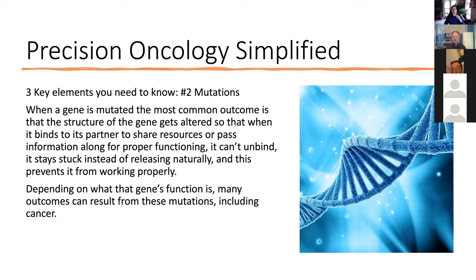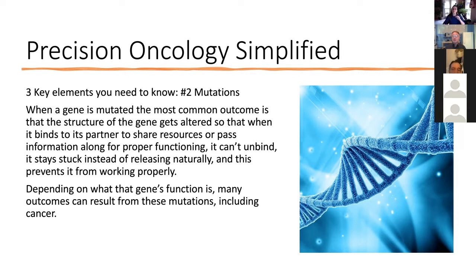So it's like stepping on the gas pedal of a car to go up a hill and then having the linkage in your gas pedal break off while it's on full blast and having your car stay on full blast going up the hill. So that's what mutations do typically when they occur in oncogenes, that is. When they occur in cancer-causing genes, they will cause that gene to stay stuck, turned on.